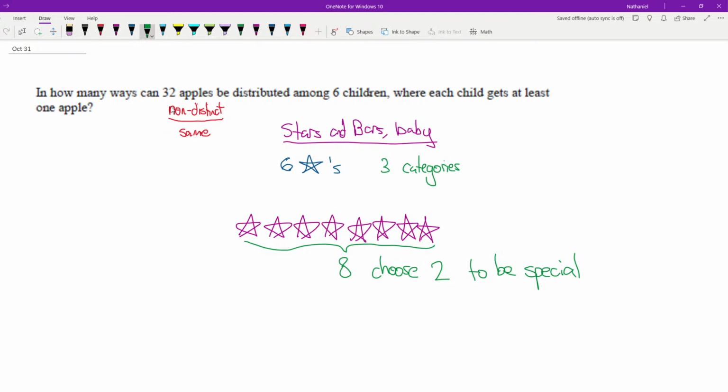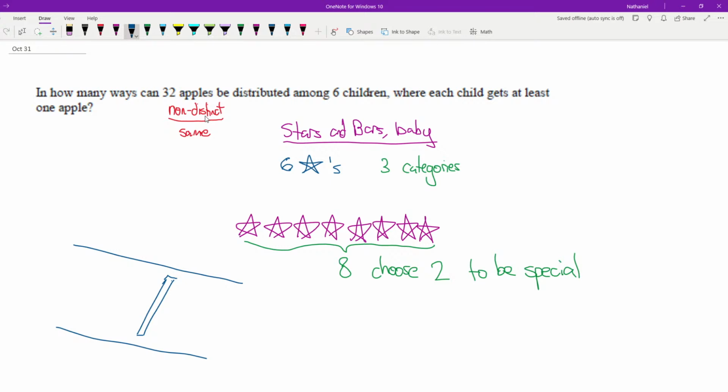How are they going to be special? They're going to be grocery sticks. You ever heard this term? It's a term in hockey sometimes. A grocery stick is something that separates the two, you know, on your conveyor belt, right? You have a little stick that separates the two lines.